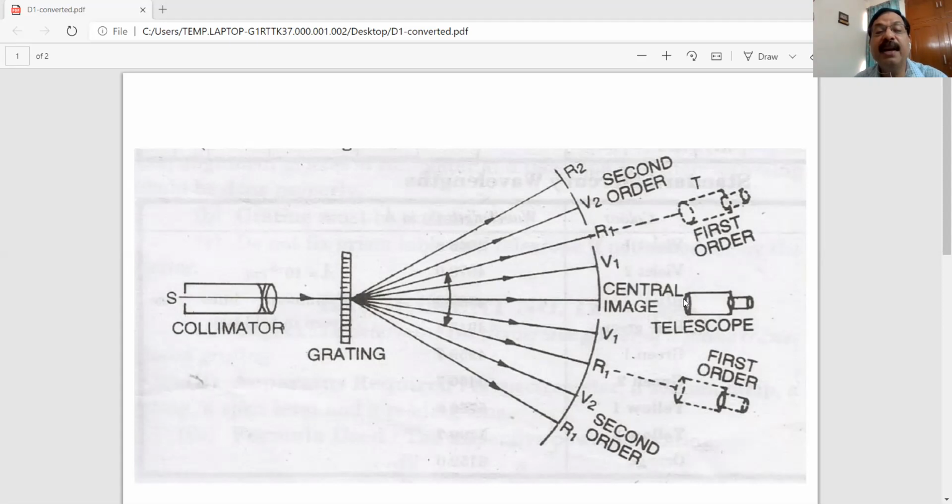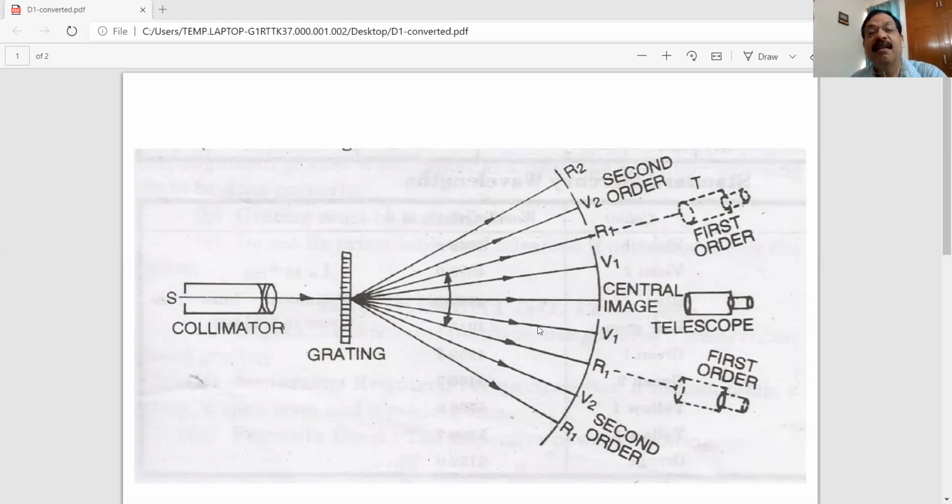In this experiment, the incident light should be perpendicular on the grating. Now rotate the telescope to the left side of the direct incident light. This is the direct incident light.